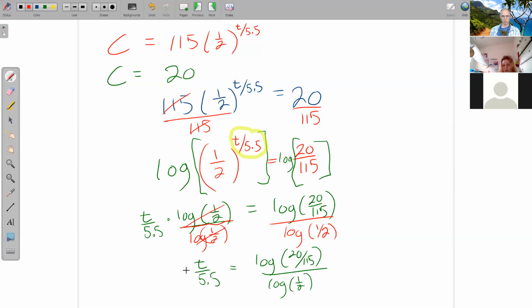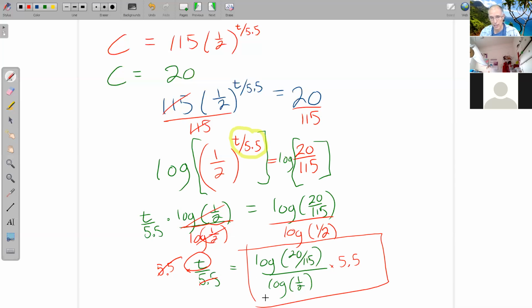How about we multiply by 5.5? And that gets the t all by itself. And then this is what I would need to plug into my calculator to see if I got it right. So I'm going to do that next.